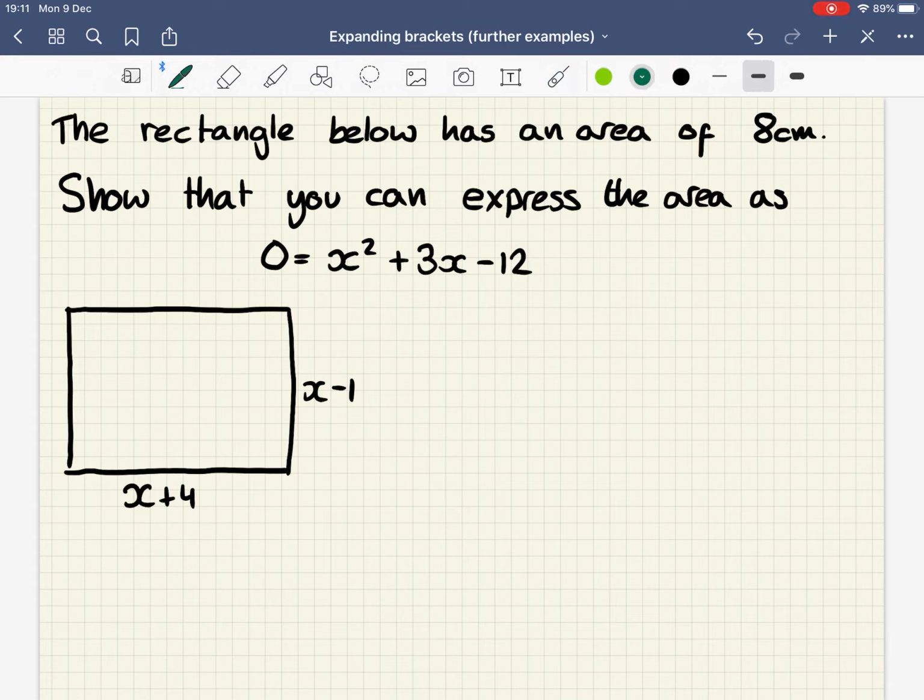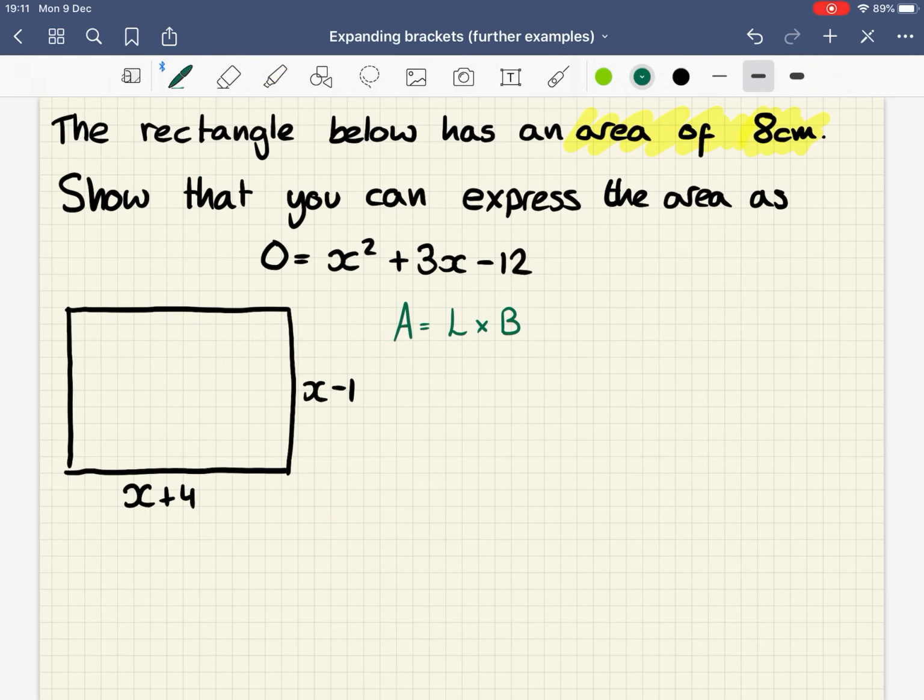So to start off with, whenever we find the area of a rectangle, we know it is length times breadth. So we know the area is 8 centimeters. We're told that at the start.